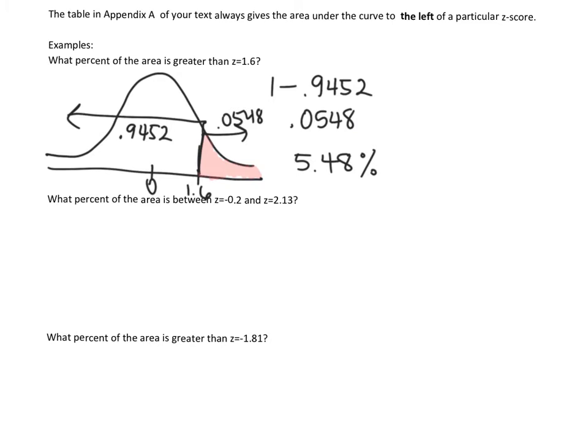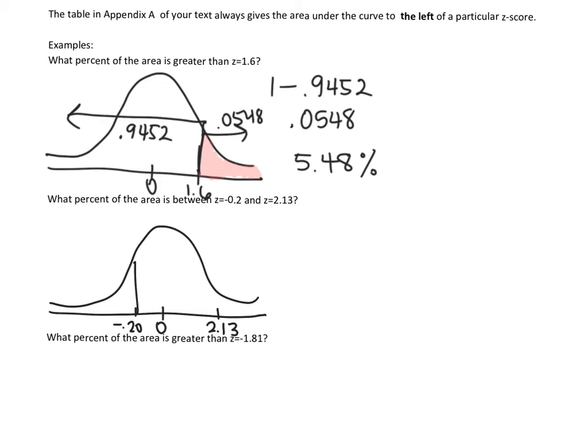We can also find the percent of area between 2 z-scores. So we have our curve, the middle is 0, 2.13 is above, and then negative 0.2 is below. We want the area between these 2 values.